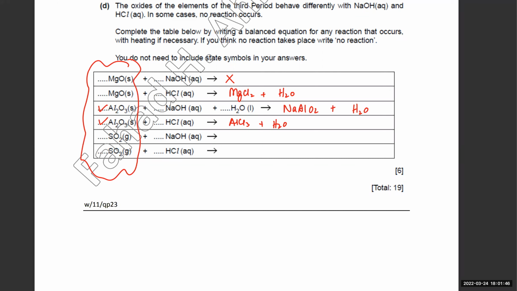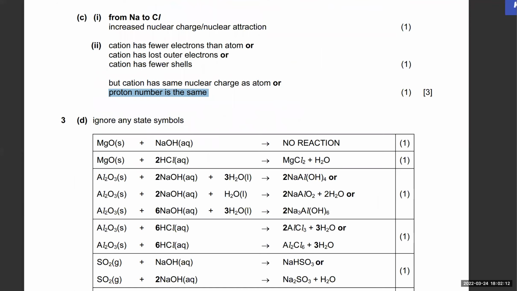You probably did not need the second H2O, I think. Remember, there are multiple ways of writing this. Hydroxides and oxides can be used interchangeably. This can also be written as NaAl(OH)4. So even in the marking scheme, there would be multiple options available.